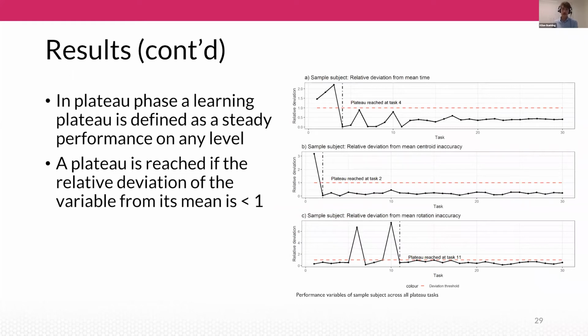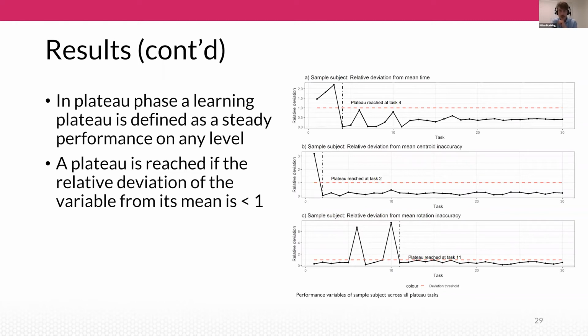So now we come to the plateau tasks. In the plateau tasks, we wanted to check whether the subjects have a learning curve and when they reach a learning plateau. That learning plateau is defined as the point where the variation in the performance reaches a steady level and stabilizes at a certain plateau.